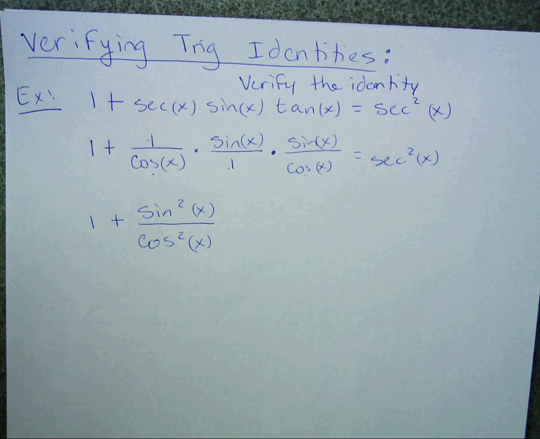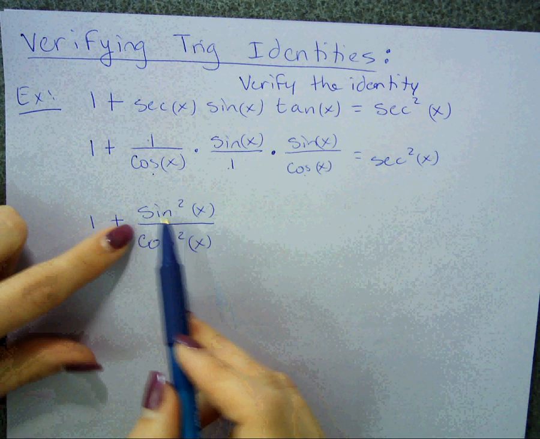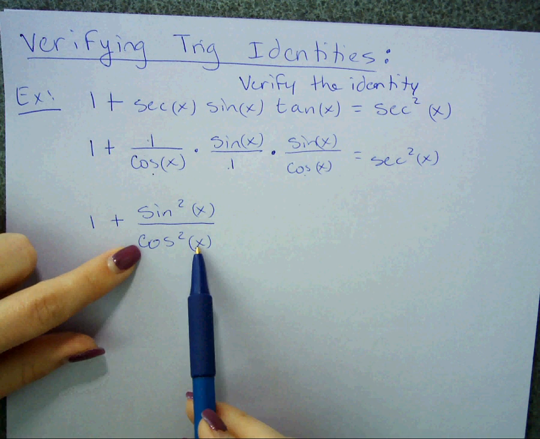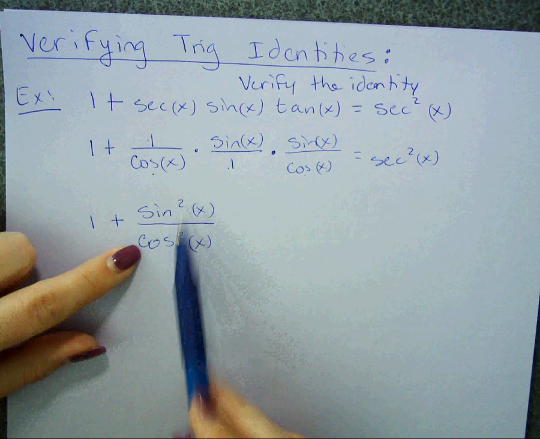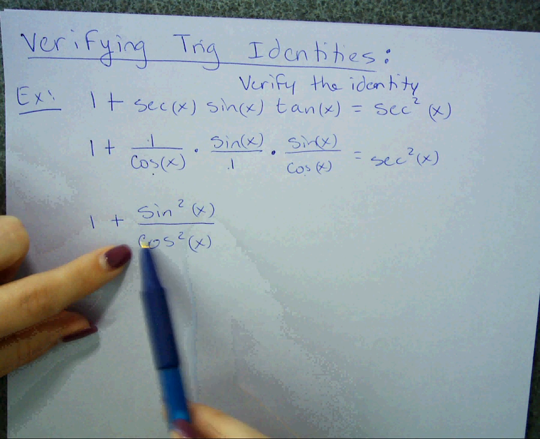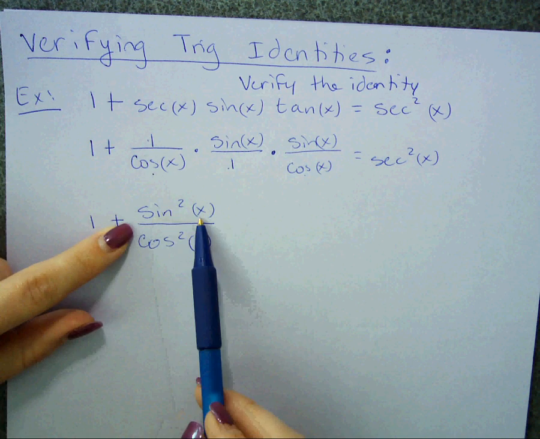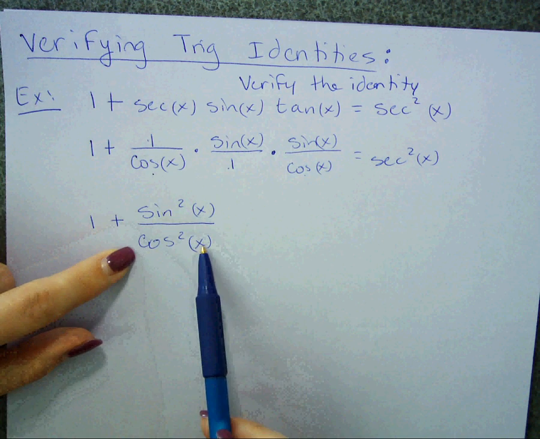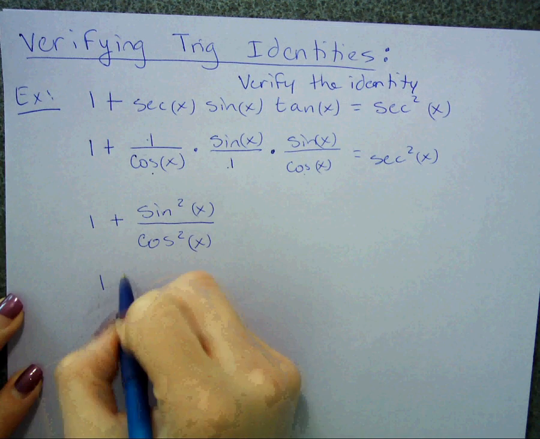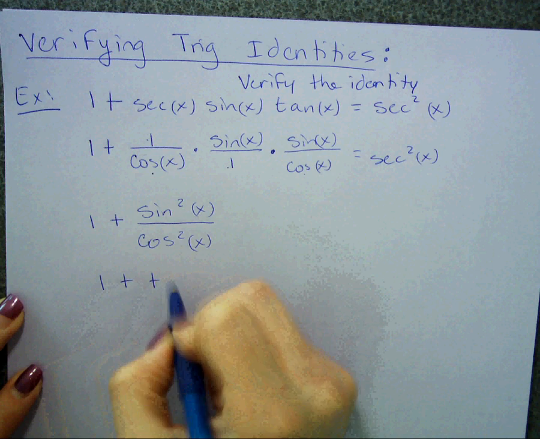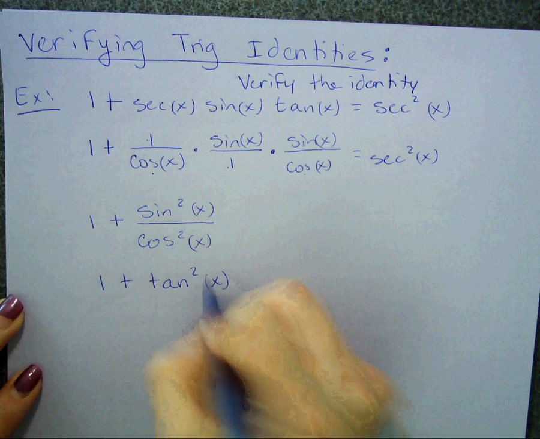Now again, identifying identities, I have sine over cosine. Right? I know they're squared, but that's all right. Sine over cosine, you recall, is tangent. So sine squared over cosine squared is tangent squared. So I have 1 plus tangent squared of x.